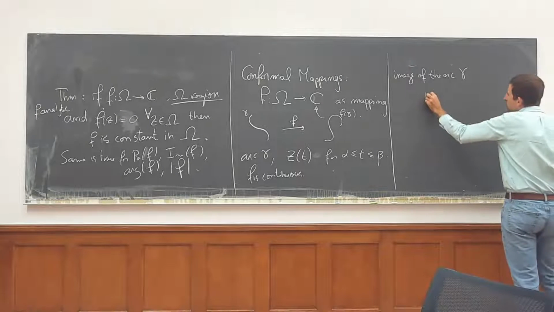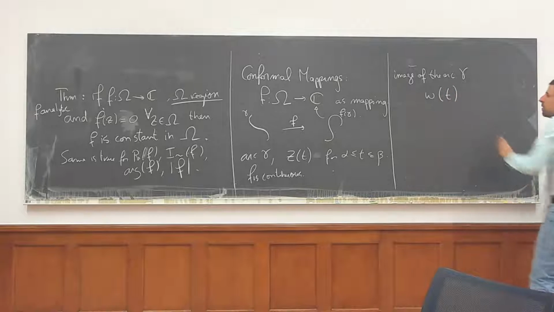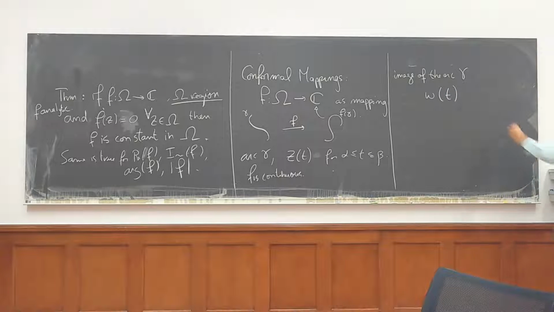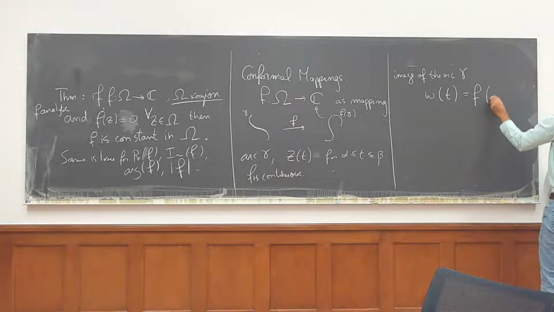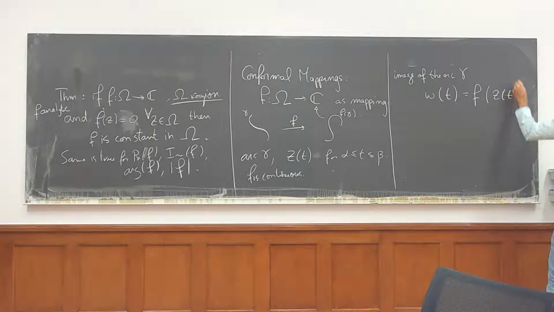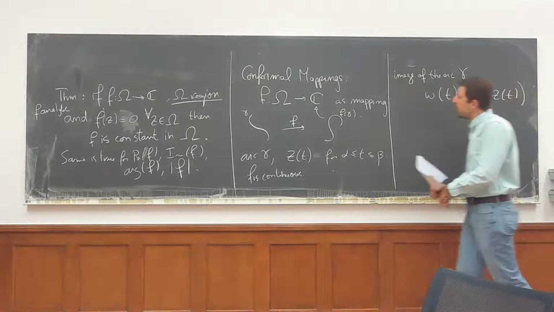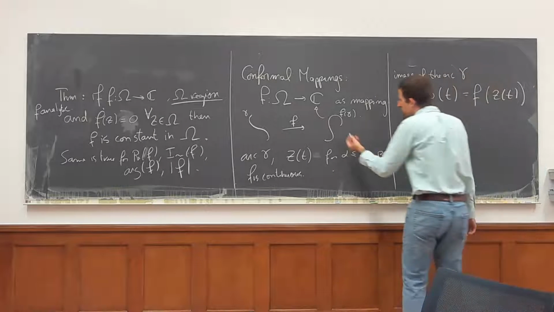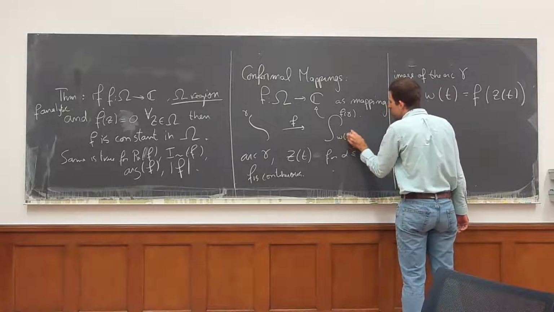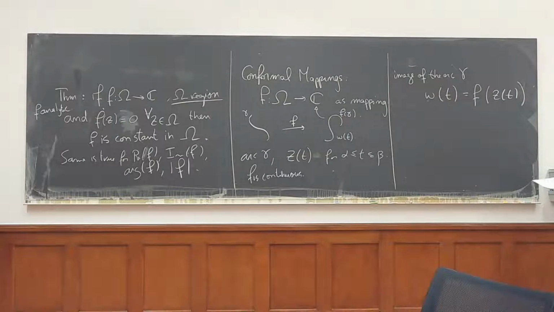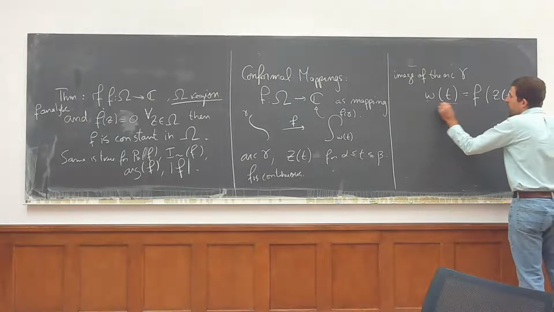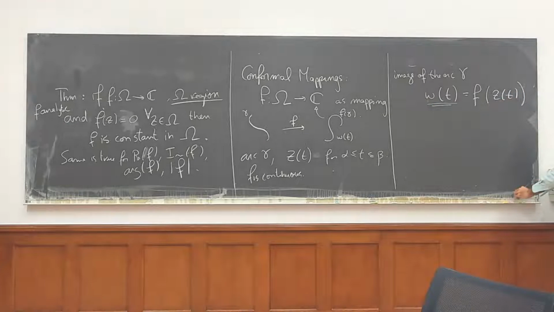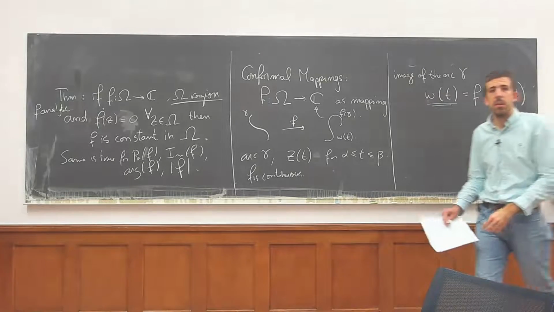In particular, we can define a new arc, omega(t), which is basically just f of the earlier arc. This would be the parameterization for the arc f of gamma, so we parameterize this by w(t). And so we want to understand properties of this new arc that we're defining, depending on properties of z and properties of f.